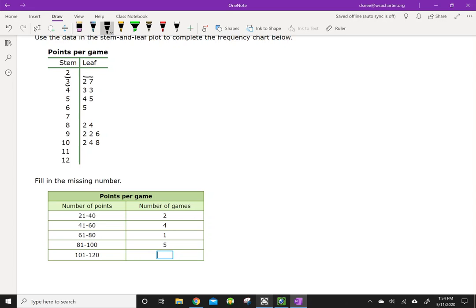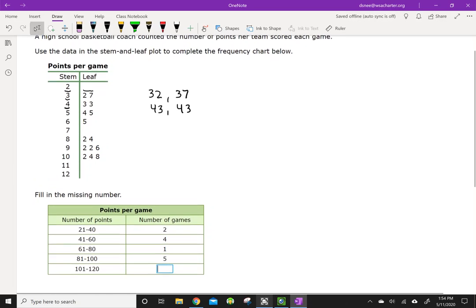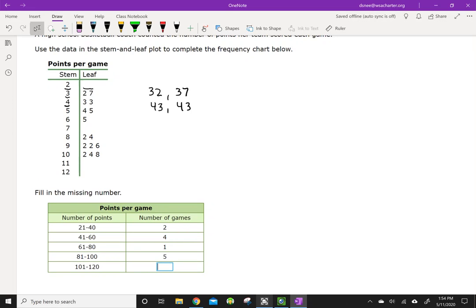In the 30s, we have a 32 and we have a 37. Okay, and then in the 40s, we have a 43 and another 43. Okay, so that's all the total values that are between 21 and 40 points per game. Oh, actually, these are the only ones that are between 21 and 40.